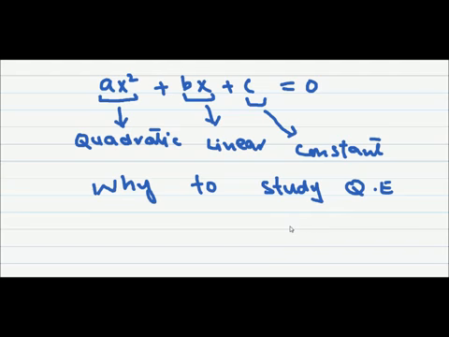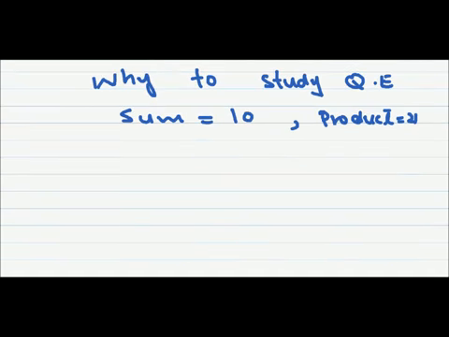Let's consider that we are given a problem in which we are asked to find two numbers whose sum is equal to 10 and their product is equal to 21. Here we have to find those two numbers which give us the sum equal to 10 and the product equal to 21.